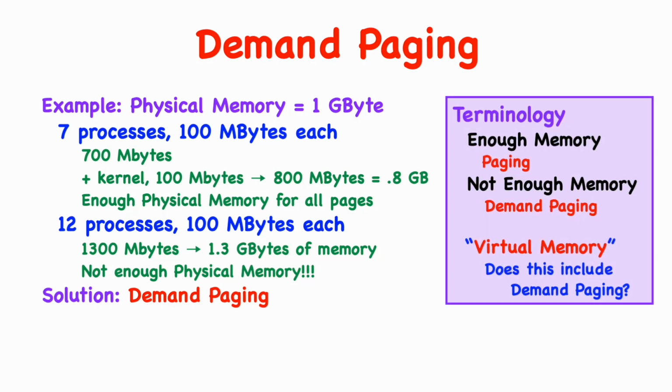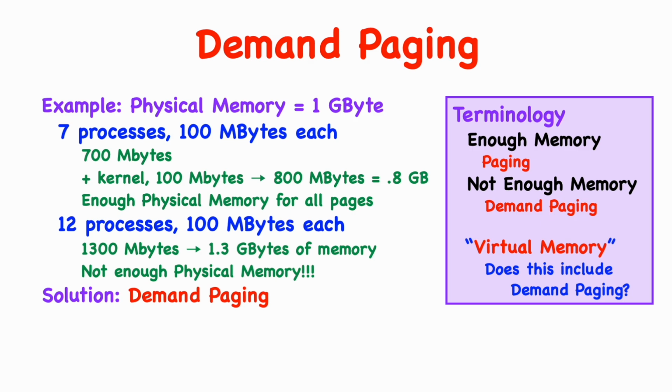Let me also mention something about the term paging, which is a bit vague. Basically, if a system implements virtual address spaces via page tables, then it implements paging. If it also implements demand paging, which I haven't yet described, then you should probably say demand paging. If you hear the terms virtual memory or just paging alone, remember that this doesn't tell you whether demand paging is implemented or not.